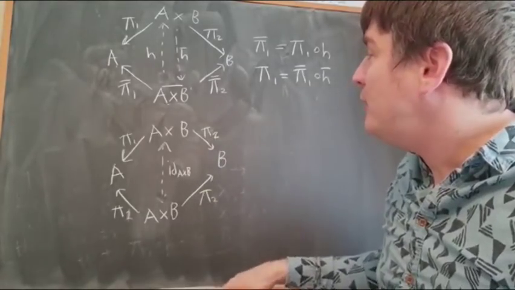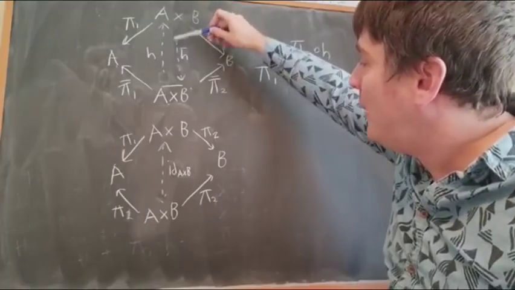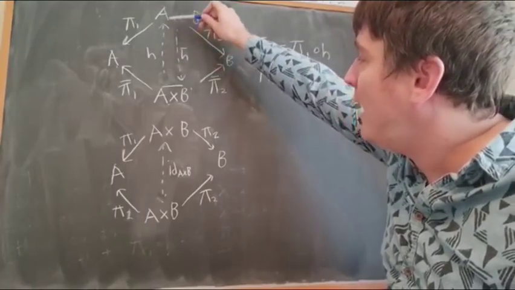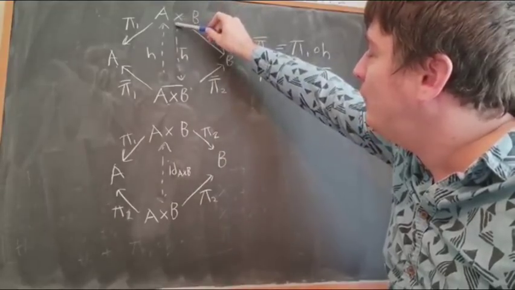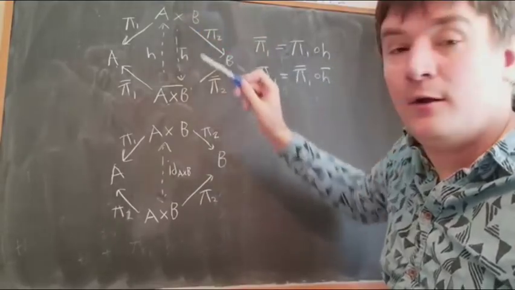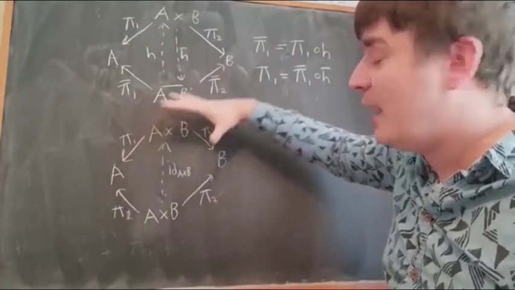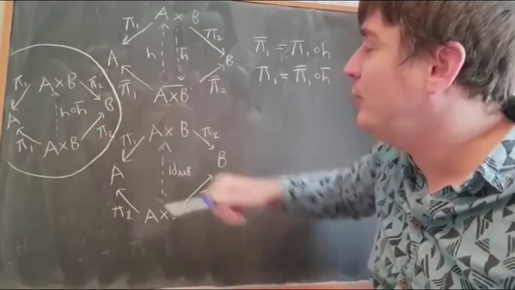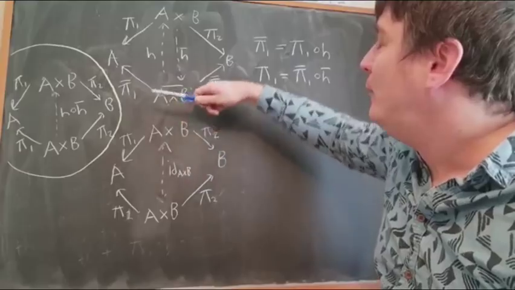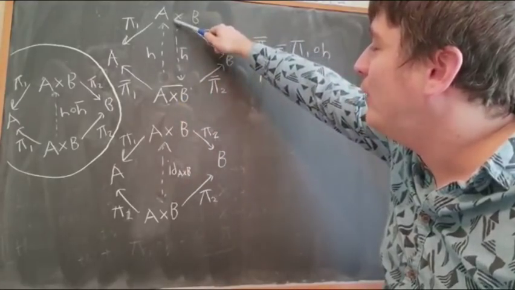Now what we're going to do is to notice that if we go along H bar and then we go along H, we're going to get an arrow which goes from A times B to A times B. So we're going to draw that as a diagram that looks a bit like this. So now we've redrawn the diagram. We've sort of tried to illustrate some of the stuff that's going on here.